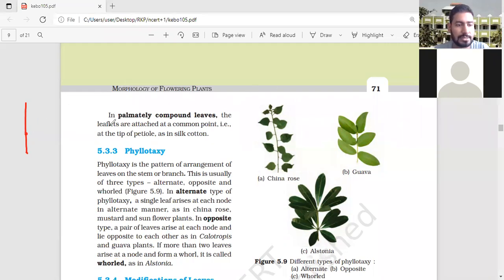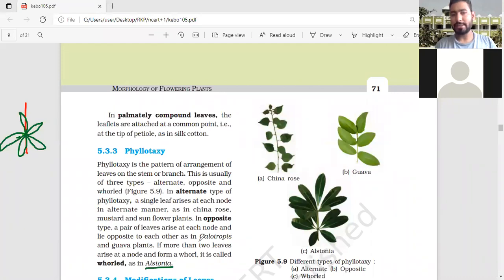In the node, the leaves arise. Now you can see, one direction, one direction, one direction, one direction, and one direction. So this is looking like a whorl. Such type is found in Alstonia. Alstonia is the example of whorl type of phyllotaxy. Clear?